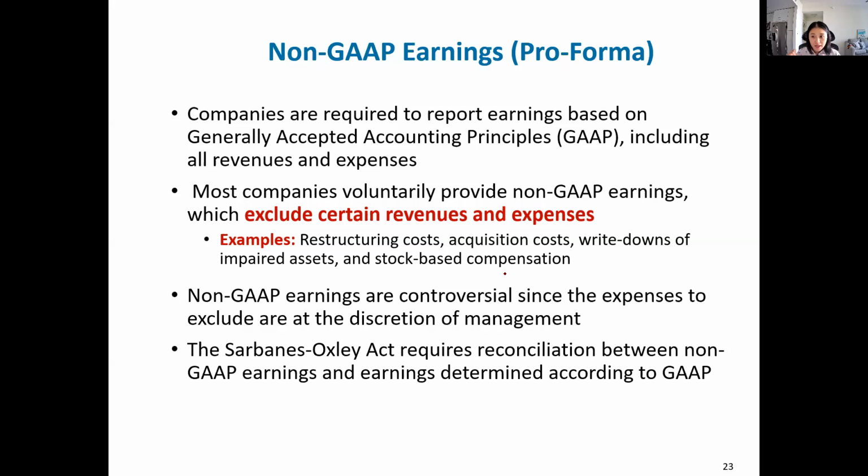What does it mean? It means you have to show me how you come up with your non-GAAP number, from GAAP to non-GAAP, what you exclude and what you include. Tell me the way so that I can see through your calculation, and as an investor, I may easily spot where you make the aggressive move.